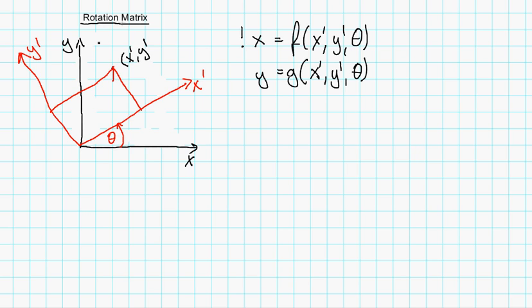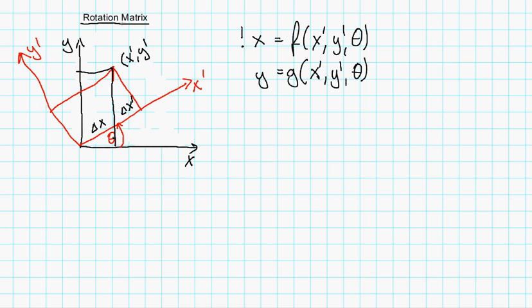So this is y, this is x, this is y prime, and this is x prime. To derive this one, it's actually rather simple and straightforward. We just need two more variables. This one I call delta x, and this one I call delta x prime.